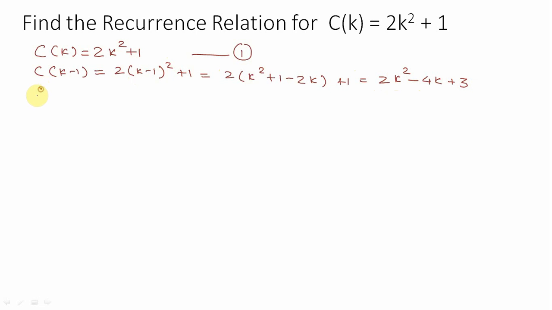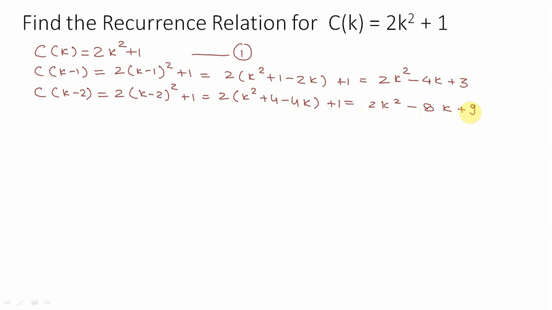By the same logic, c_{k-2} becomes 2(k-2) whole square plus 1, that is 2k square plus 4 minus 4k plus 1. Solve it. You get 2k square minus 8k plus 9. Let's call it equation number 2.